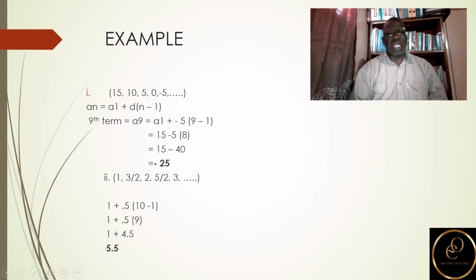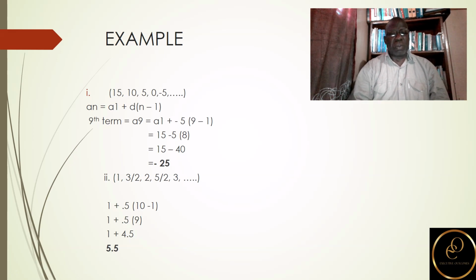So we insert it in this formula to get the nth term. In this case, we want the 10th term in this series. The first term is 1, as given in the formula. Then we add the product of the common difference and the difference between the 10th position and 1.